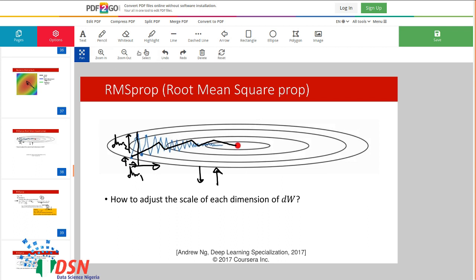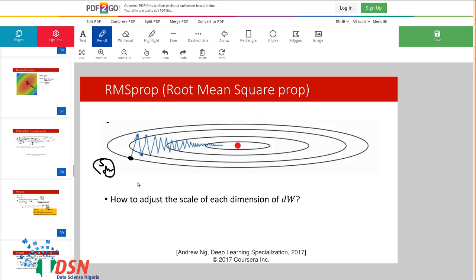So in fact, now in this case, let's say we are in here, and first S of dW is 0, so we calculate dW1 and dW2, which is this step, and we calculate the S of dW.